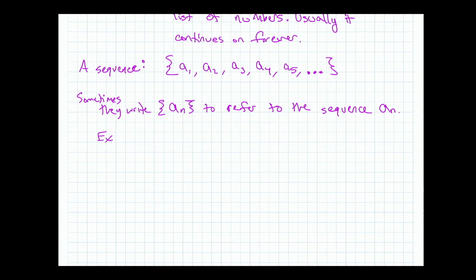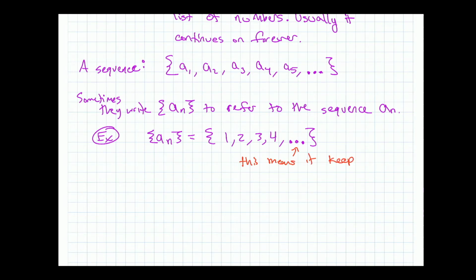Here's a couple of examples of sequences. You could say like an is 1, 2, 3, 4, dot, dot, dot. The dot, dot, dot is just to indicate that it keeps going, and you're supposed to know how it keeps going.